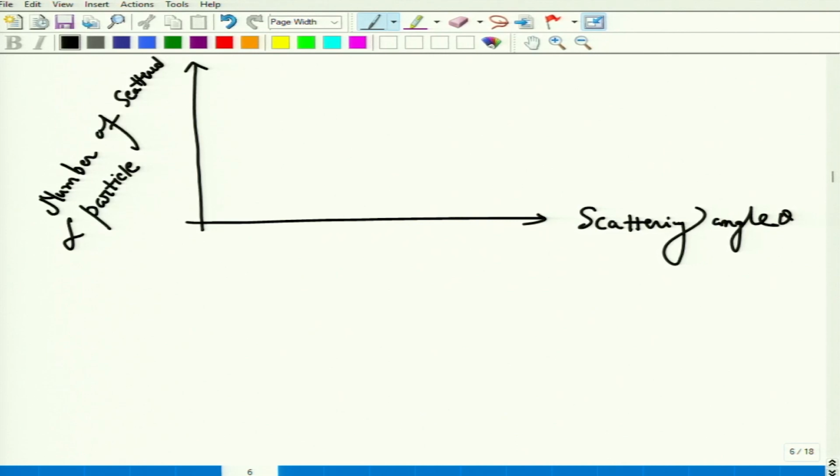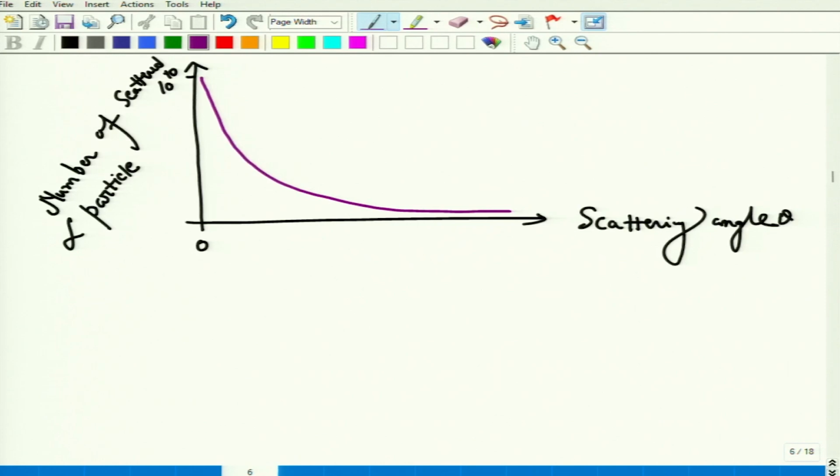How many alpha particles scattered at that angle theta? When it is around 0 degrees, the value was around 10^10, we can say. This is like this. So this was the result.